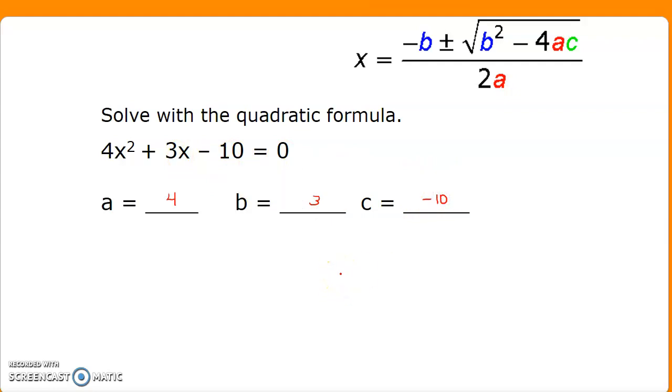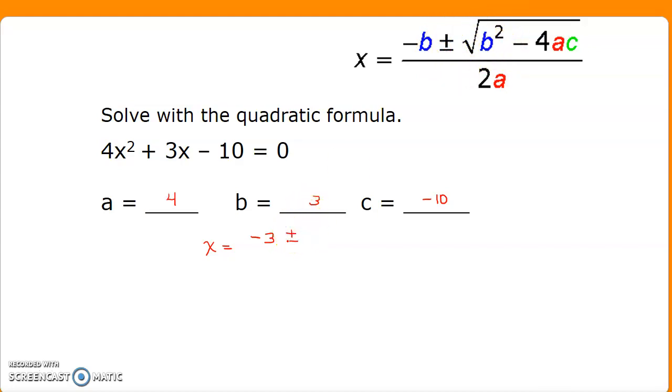All right, so I'm going to go ahead and plug into my equation up here. And if I skip a step or two, just kind of pause. So negative B really just means what's the opposite of your B value? The opposite of positive 3 is negative 3. And what's nice about the quadratic formula is it already works in that plus or minus. It gives you the two roots already.